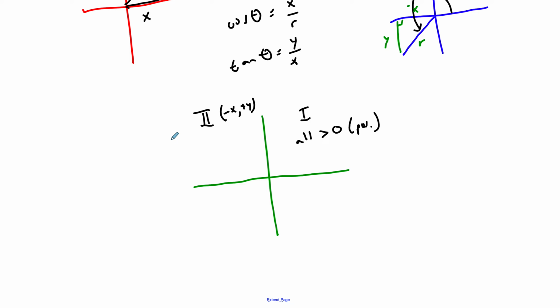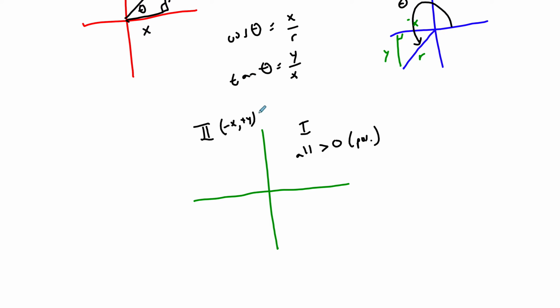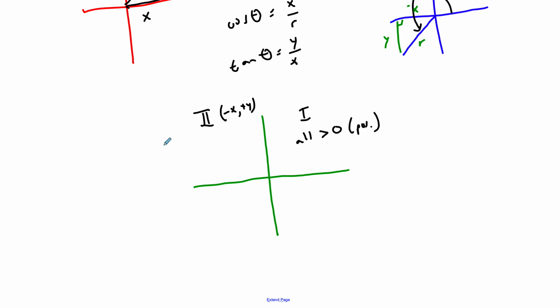Well, it means that anything that's based on the value of x is going to be negative. So for instance, the tangent or the cosine. So you're going to see the cosine is going to be less than 0, and the tangent is going to be less than 0. The sine will still be greater than 0.